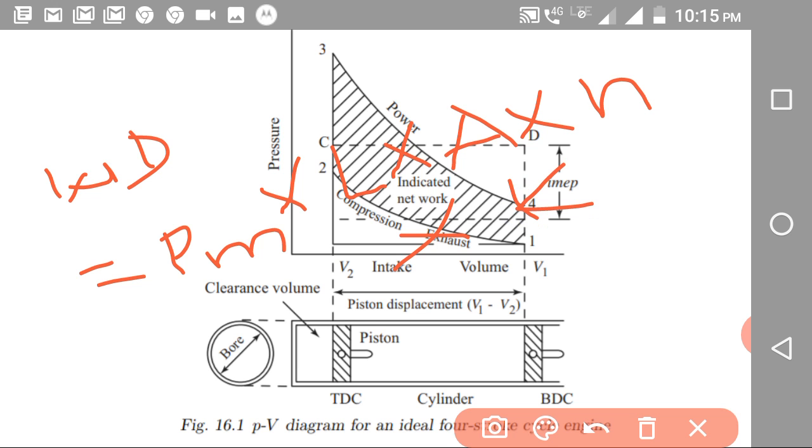And we know that n will vary depending on whether it is a two stroke cycle engine or a four stroke cycle engine.